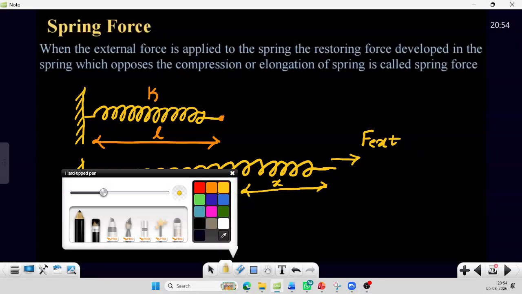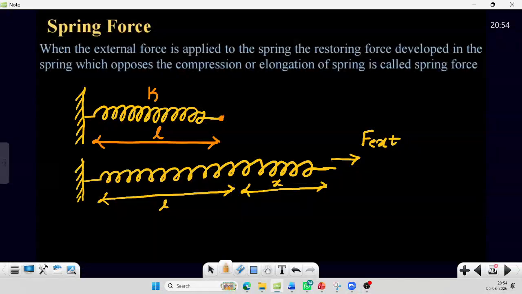When we apply the force, you might have observed that your hands feel a certain amount of opposition. The spring tries to get back to the original position, isn't it? So a certain force is developed inside the spring.